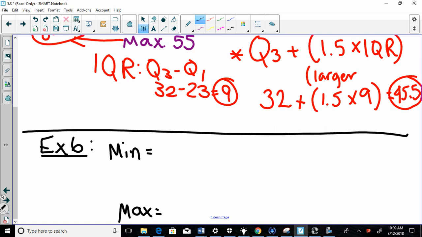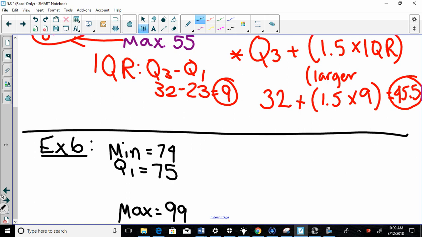Example 6. 74 and 99. 74 is your min, and 99 is your max. Yep. Okay, what's your Q1? 75. Is it 75?